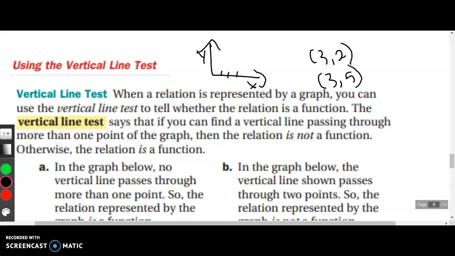We notice that when we graph these, the two points are going to lie on top of each other, or rather, in a vertical line. So if we can draw a vertical line anywhere on our graph and it touches more than one point, that means you have a repeating x value. And that means that it's not a function.